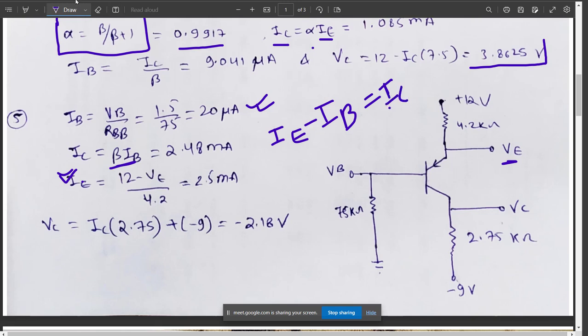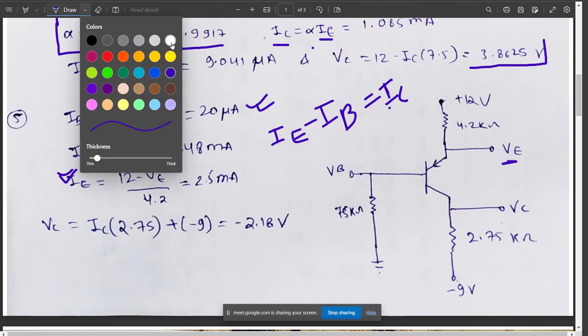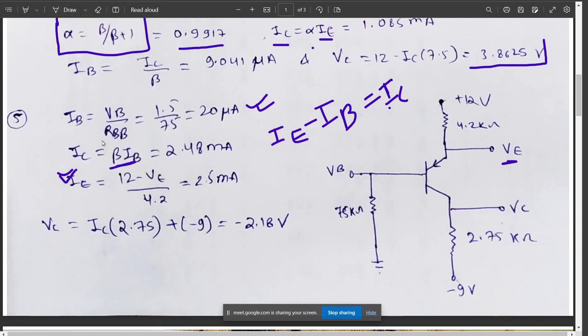Yeah, the solution is a little bit confusing. Let me delete this.